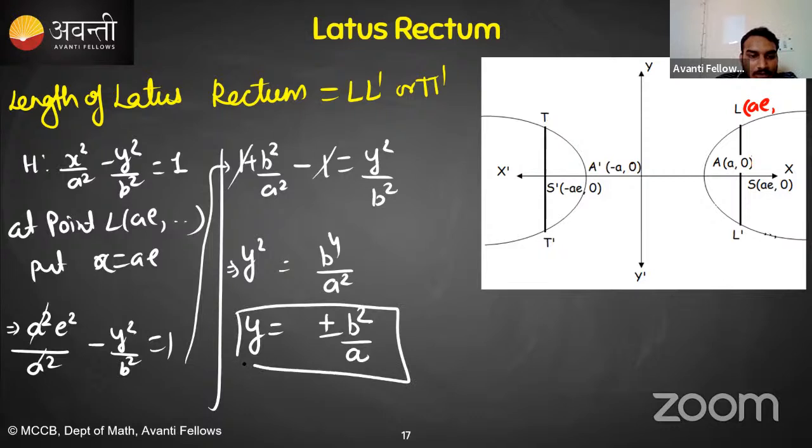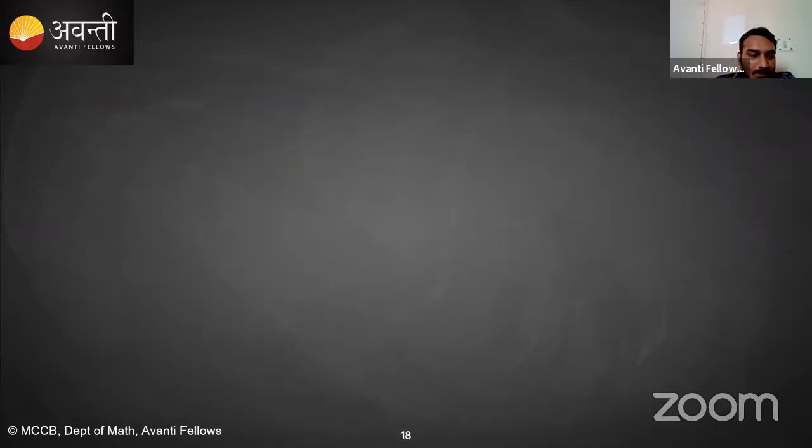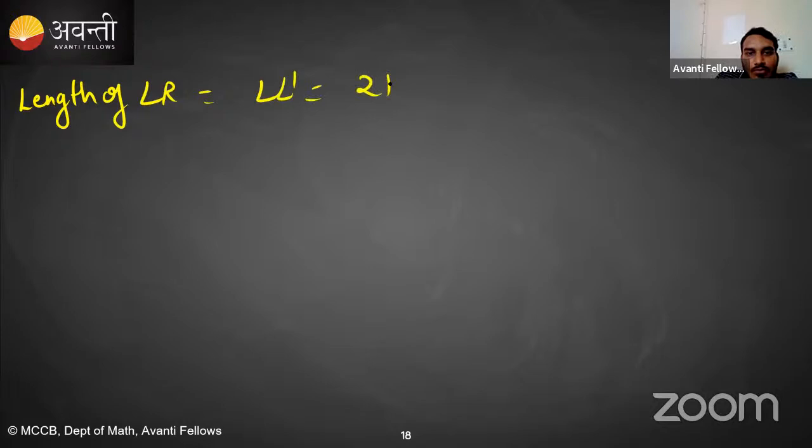Clear? So it means this coordinate of L कितना आ गया, ae comma b square by a, and coordinate of L dash कितना आ गया, ae comma minus b square by a. Is this clear? So it implies length of lattice rectum कितना आ गया? Length of lattice rectum is nothing but L L dash, which is nothing but 2b square upon a. Is this clear, students?